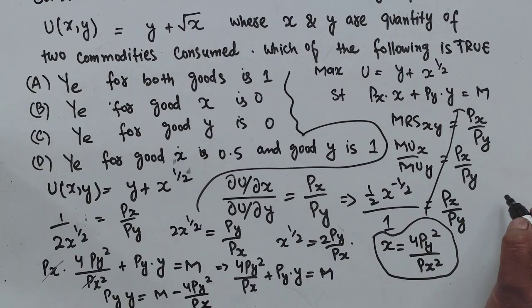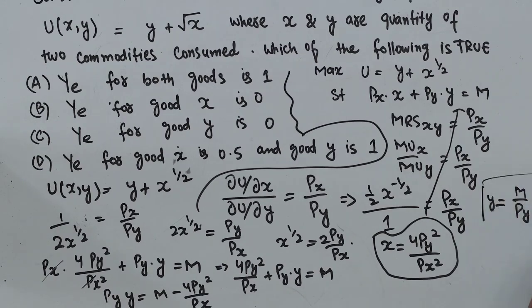Transposing, y will be equal to m divided by Py minus 4Py divided by Px. This is the demand function for good y.